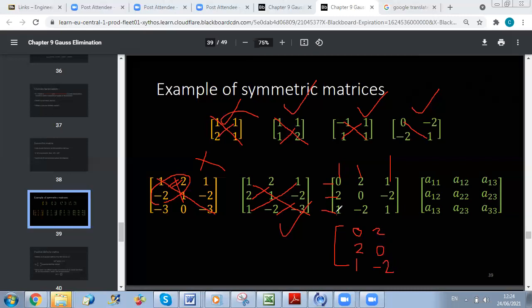And if I do 1, -2, 1, then I get exactly the same matrix. So A is equal to the transpose of A, and I can say that it's a symmetric matrix. In general, the rule is that if I take the transpose of the matrix, I get the same matrix.